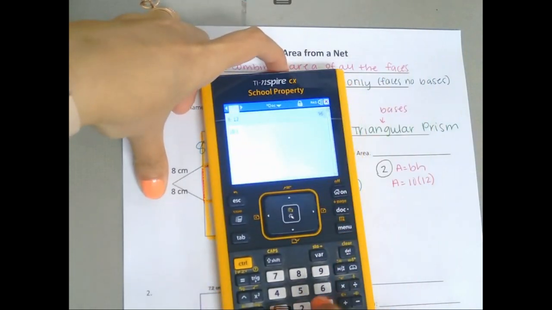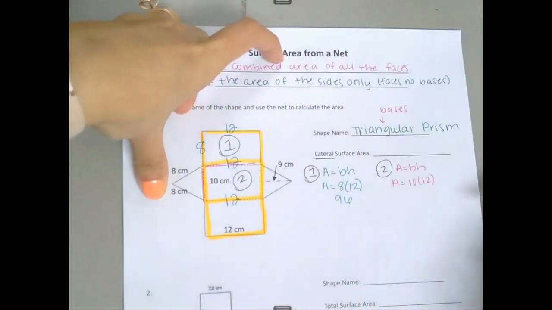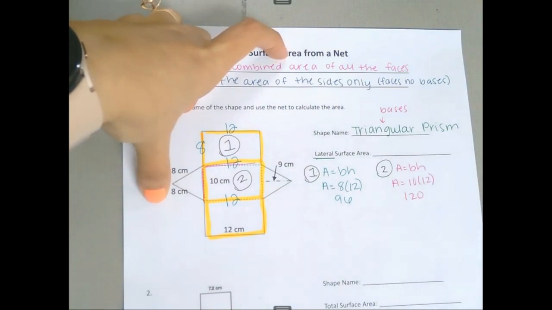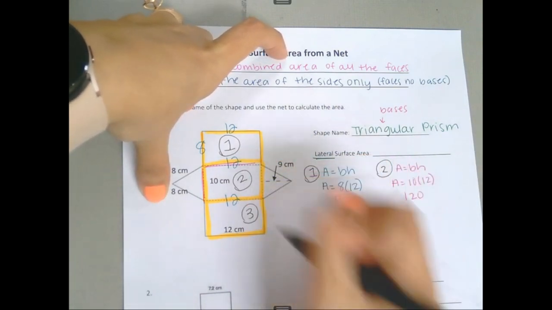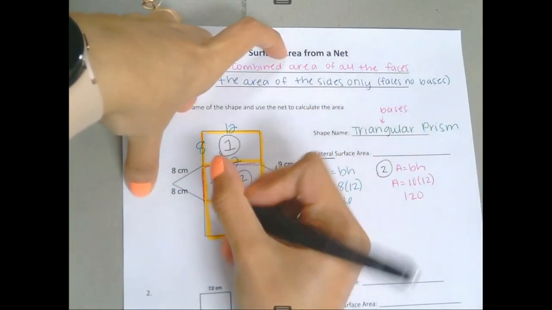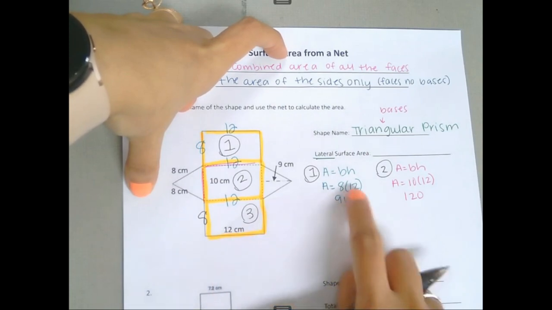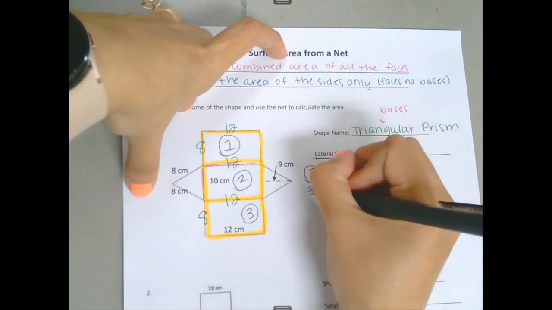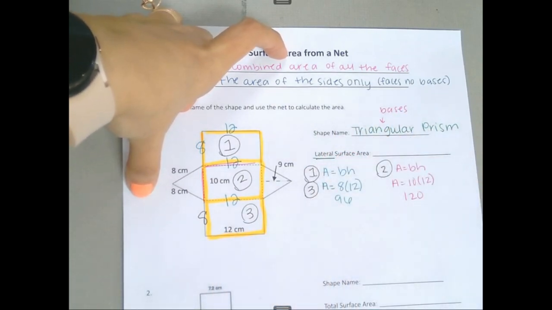So 10 times 12, and that's going to give me 120. And if I look at my third rectangle, when I fold it up, that gives me 8 and 12. We've already done that. So number 1 and number 3 are going to be 96.